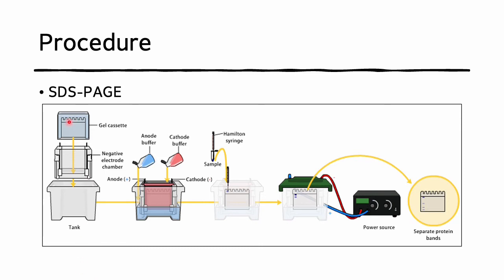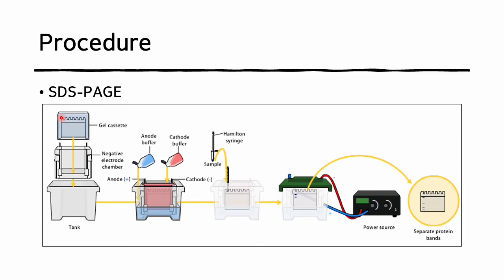As you can see, this is a gel cassette, and the anode, the plus charge, goes to the bottom, because this SDS I'm going to talk about has a minus charge, and this negative charge coated protein is going to be attracted to the positive charge.